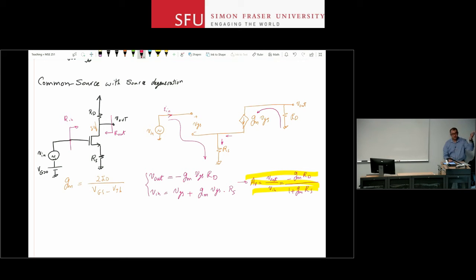I don't really have to use a separate source, which is exactly the same as this. But here is the issue. If I look at this, Iin is 0. In that circuit, the gate is an open circuit. There is no current going into the gate, DC or AC. And therefore, this gives you an Rin that is infinite.